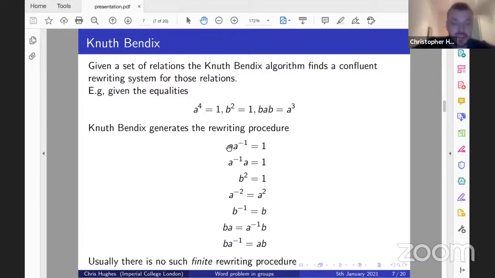The trouble with it is usually you can't find a finite set of rewriting rules that will actually normalize the expressions, but you can still have a semi-decision procedure where you keep on applying all the rules you have, and if you can't apply any more rules, you search for more rules. You can always compute more of these simplification rules.